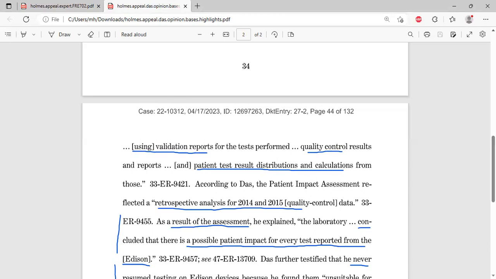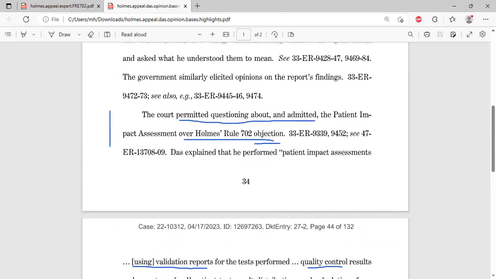And according to the brief by Elizabeth Holmes, there is case law to support, in the Ninth Circuit, by the way, that even if his testimony is based on what had occurred as part of his job, just being part of your job is not enough if you're giving additional analysis or additional expert witness testimony.